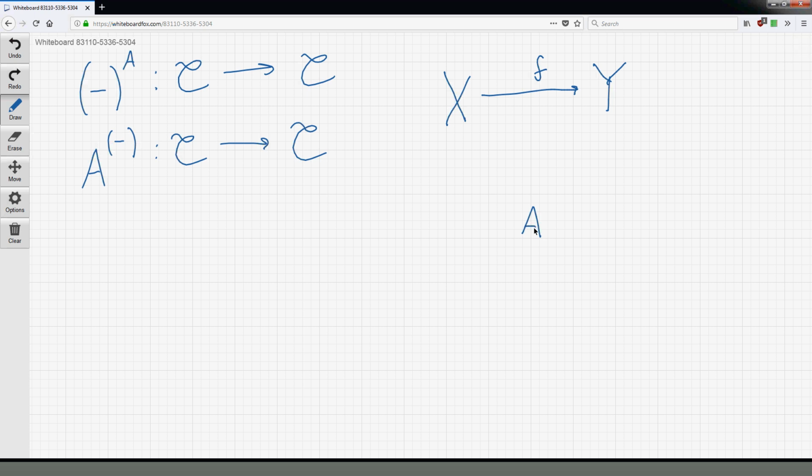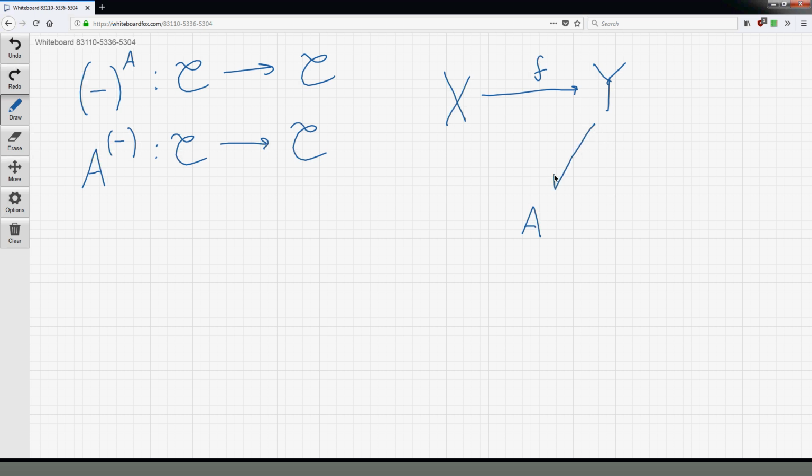Right, and now, if we have a morphism from x to a, we want to figure out a way to map these morphisms from x to a to morphisms from y to a. But it doesn't look like you can do this with this diagram. There's no obvious way to compose these, is there? What's interesting about this functor is, let's get rid of that arrow.